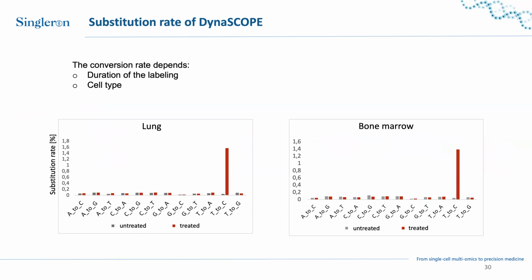Here is some data to show that the substitution is very specific. You can see for two cases, for lung and for bone marrow sample, that we very specifically observed this T2C mutation, which shows that the substitution is very robust.